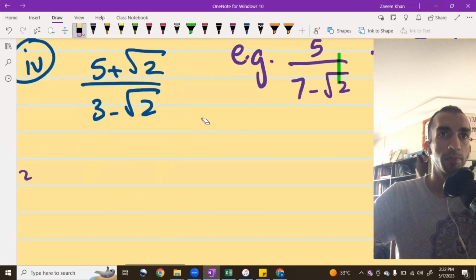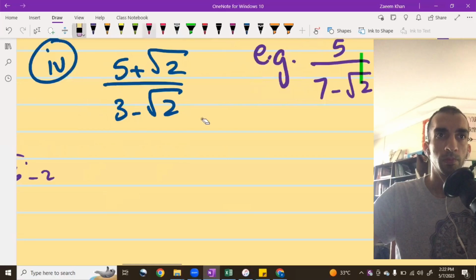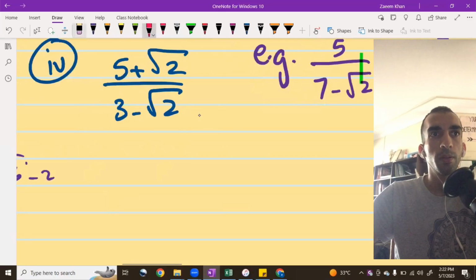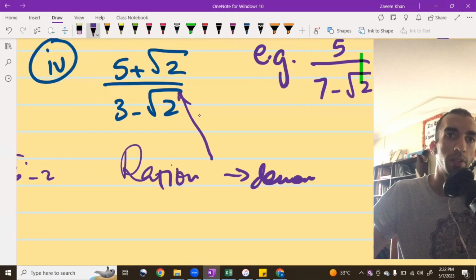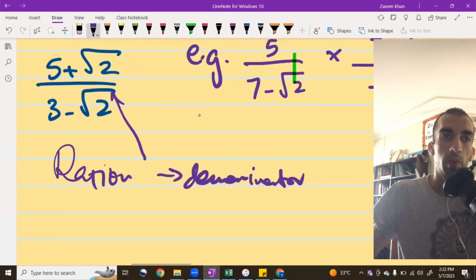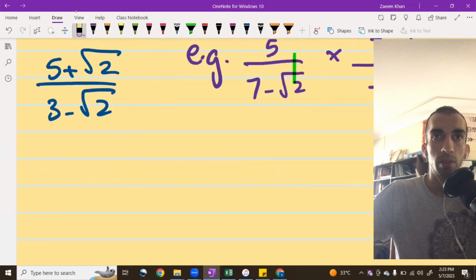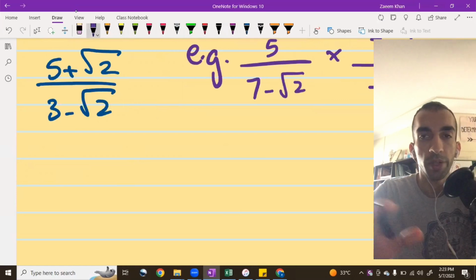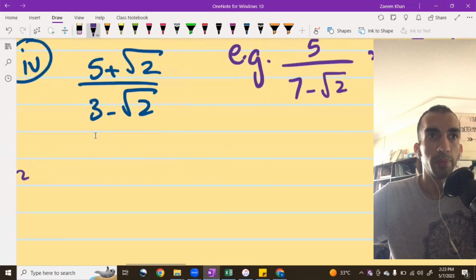Would you do it for both the numerator and denominator? Not quite. Rationalizing simply means you're supposed to remove this sign from the denominator only. So you just need to worry about the denominator. But yes, you're supposed to multiply whatever you're coming up with in both the numerator and denominator. But in case you're left with a radical sign in the numerator, do not worry about it. Let's just solve it together. Why don't you keep on telling me the steps and I'll write them down.